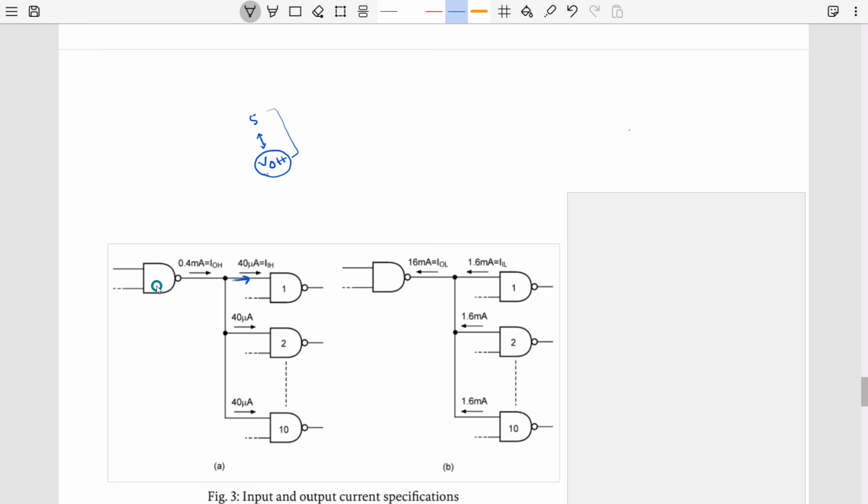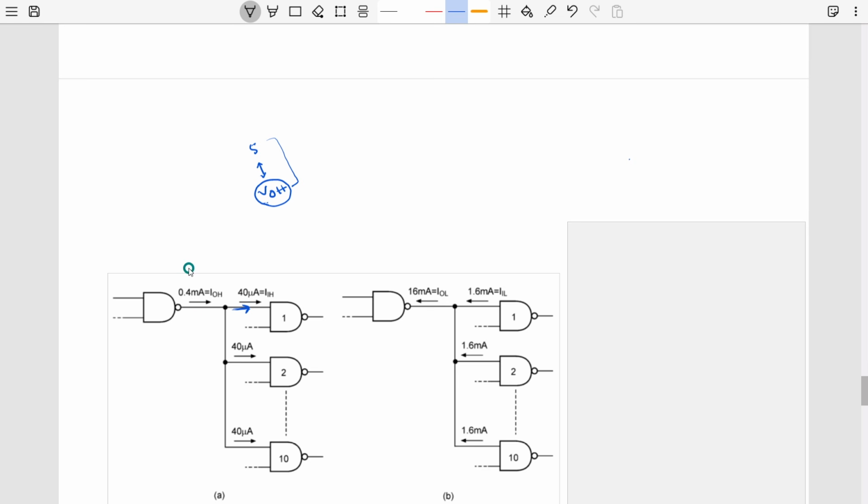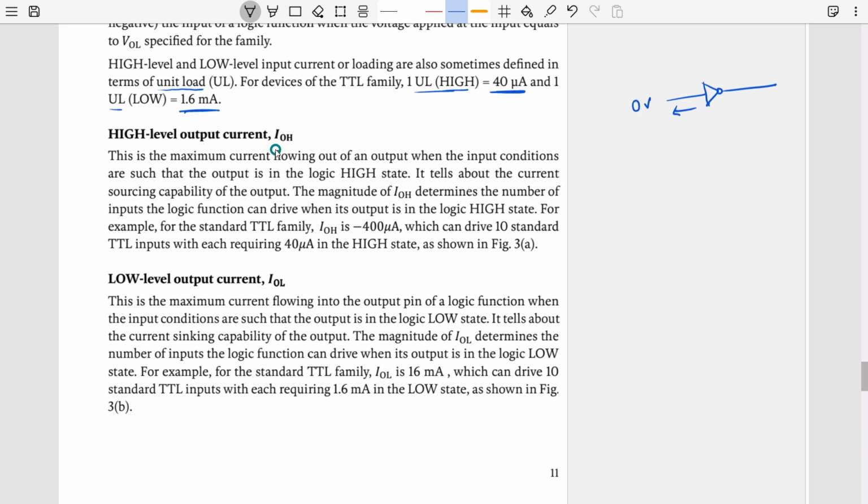So there should also be some maximum value it can provide, and that is also defined. Whenever we have given proper input such that the output is currently showing logic high, what is the maximum amount of current it can provide? That will be called IOH.